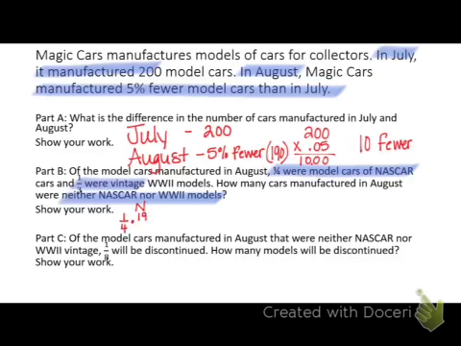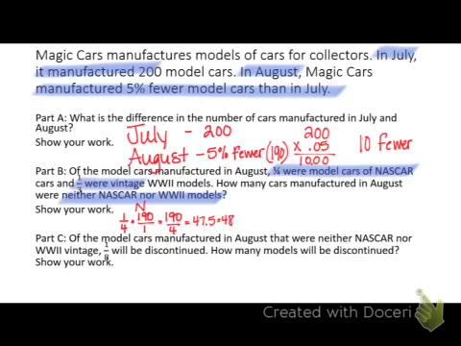So that's 1/4 times 190, leaving us with 190 divided by 4, and 190 divided by 4 is 47.5. We would call that about 48 cars.